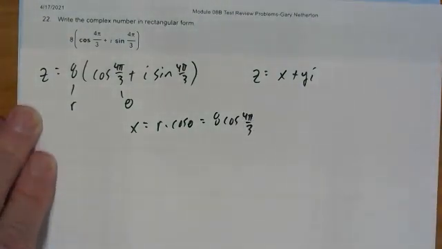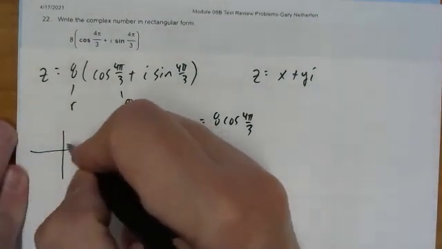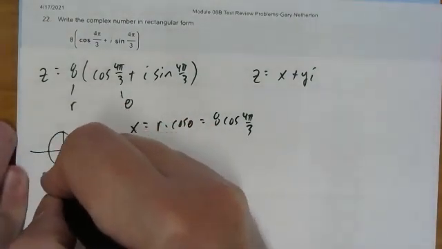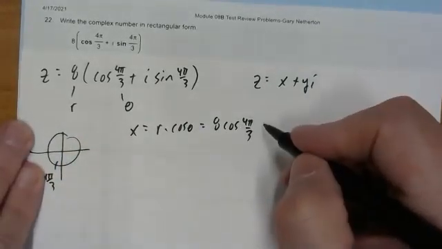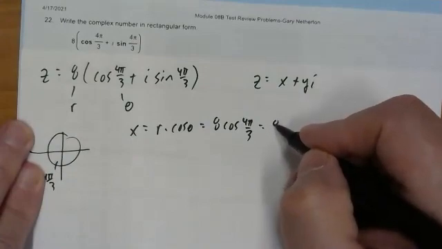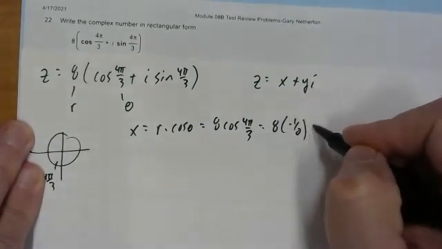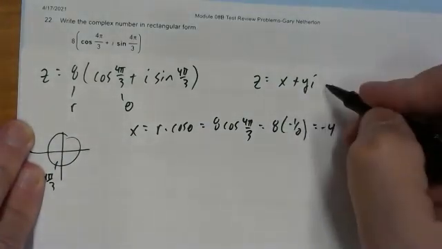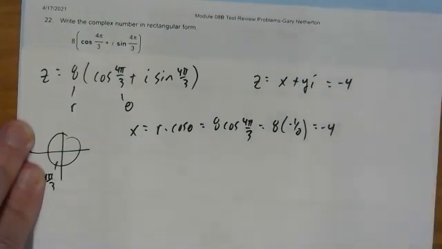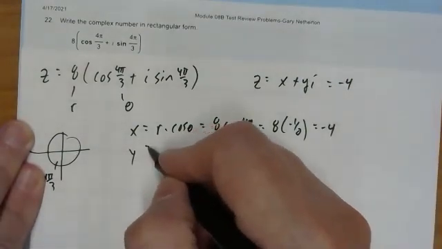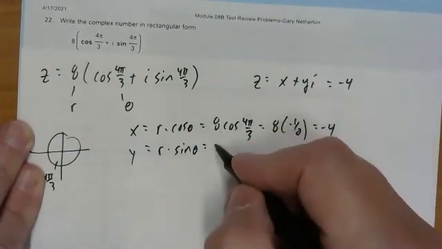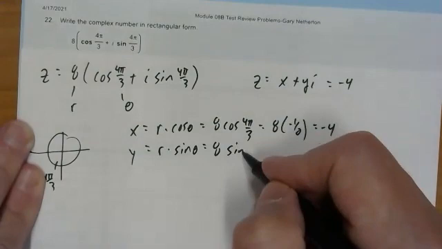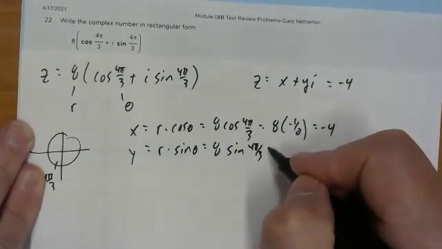That's a special angle, right? Unit circle. 4 pi over 3 is down here. Cosine is going to be negative 1/2. So 8 times negative 1/2, negative 4. So x is negative 4. y is r times sine theta. 8 sine 4 pi over 3.